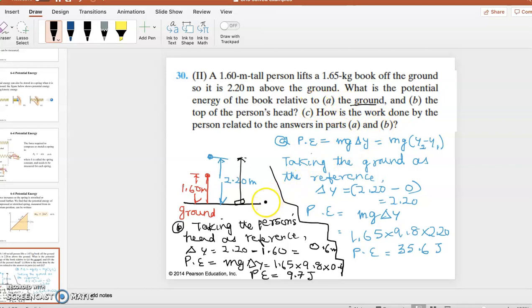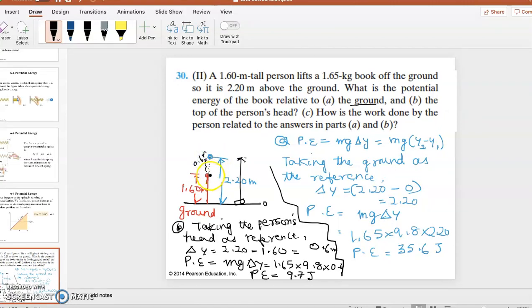So this is our 0, relative to the ground it is mg times 2.2, right? Now, if he said, what is the potential energy relative to the top of the person's head? The person himself was 1.6 meter. So if we are calculating the potential energy with reference only to his head, mg times this difference, which is 2.2 minus 1.6, which is 0.6 meter.